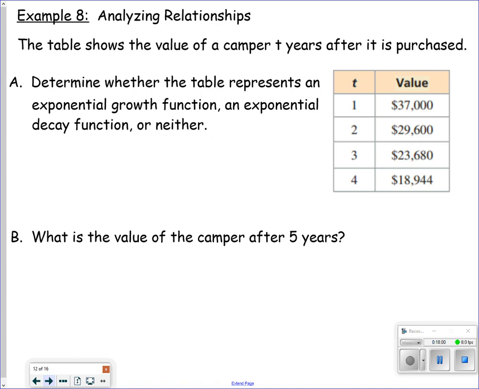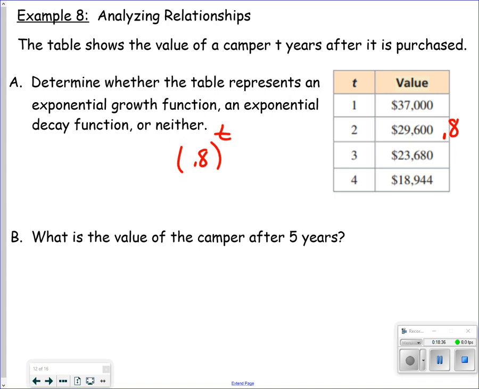If I am just told that this will be exponential, then I basically have to decide 37,000 divided by 29,600 and the rate that it's multiplying by, or 29,600 divided by 37,000. It's going the other way around. 0.8. Okay, so the decay factor is 0.8 raised to the t.